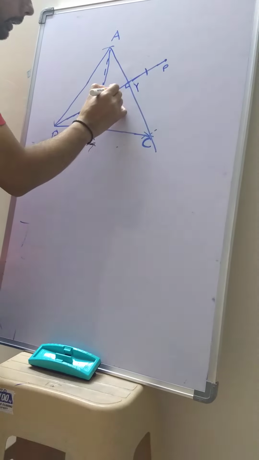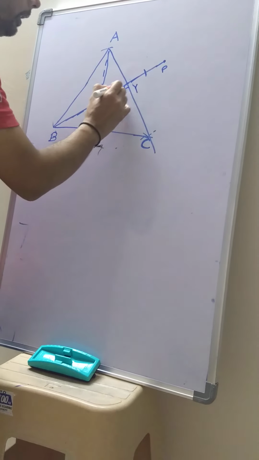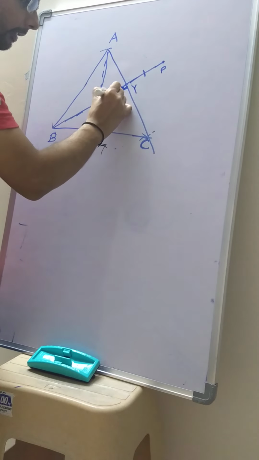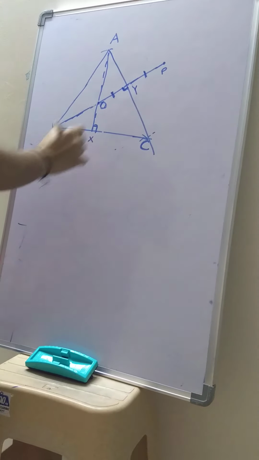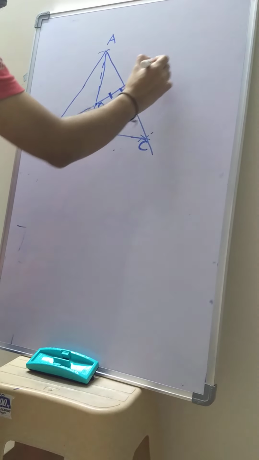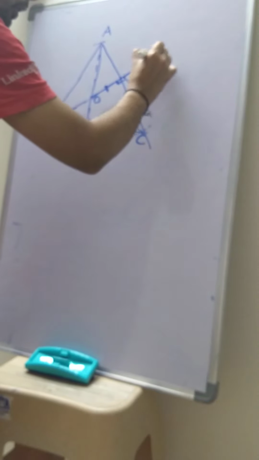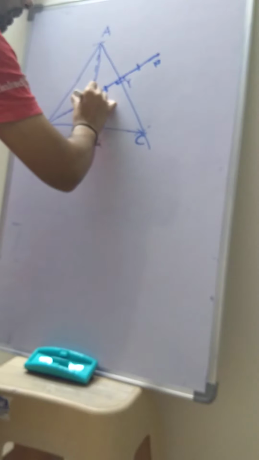And so when you say mirror image, what do you mean? It means this is 90 degree and this length will be equal to this length, right? So the point you get is the mirror image. For example, you find a point P which is the mirror image of O over the line AC. You draw a perpendicular which is already drawn, then you measure this size OY, and then you find a point P which is at equal distance from Y on the other side.